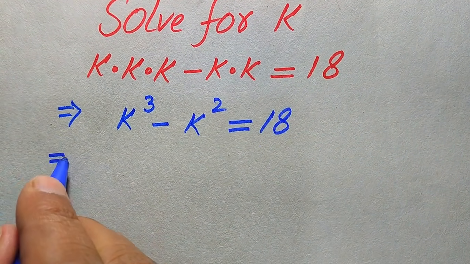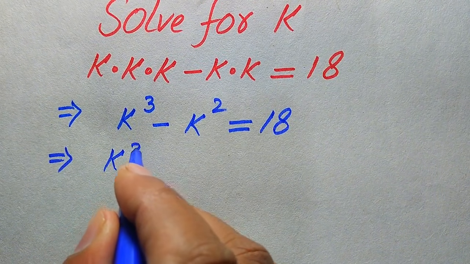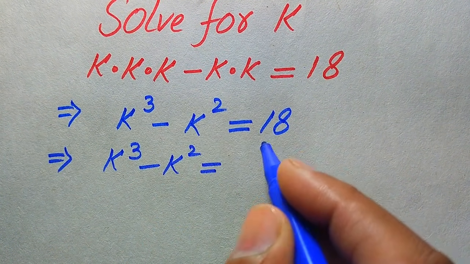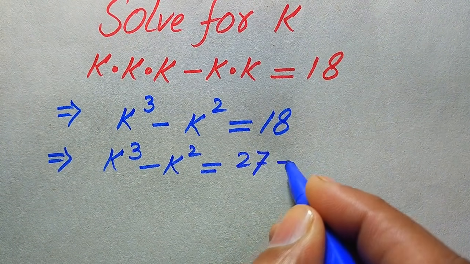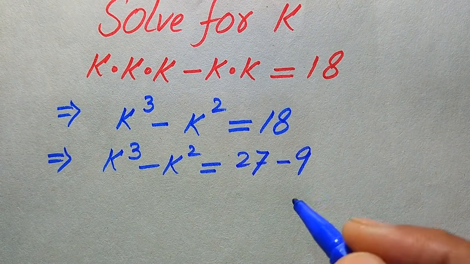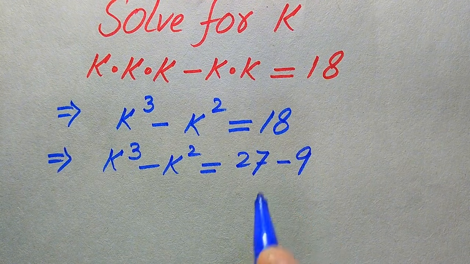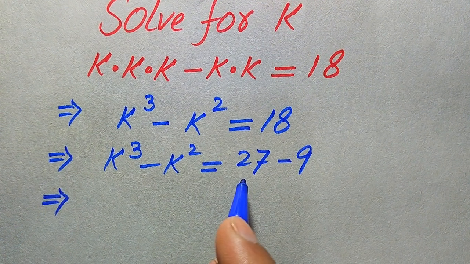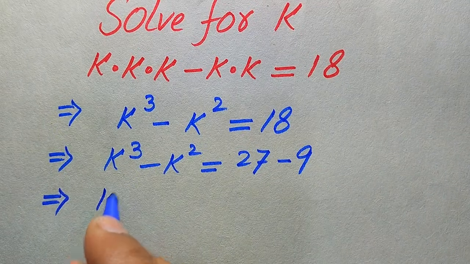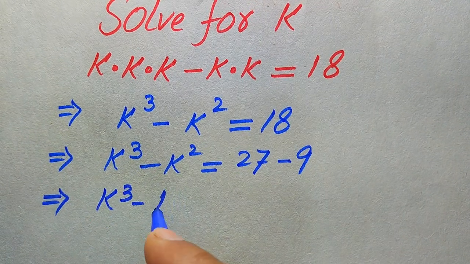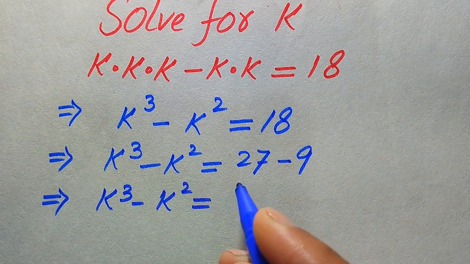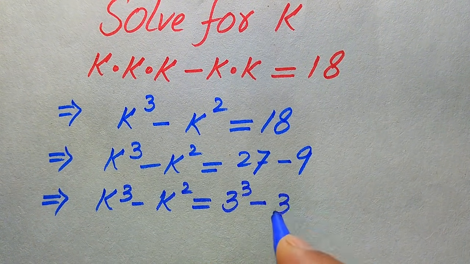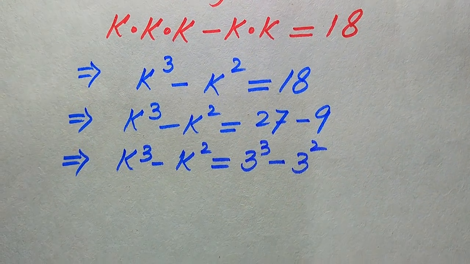And now here we need to rewrite this equation as k cubed minus k squared equals 18, and we write it as 27 minus 9. We know that 27 minus 9 becomes 18. And now further in the next step we again rewrite our right hand side as k cubed minus k squared equals 27, we write it as 3 cubed, minus 9, we write it as 3 squared.